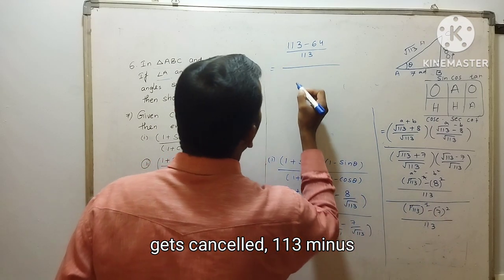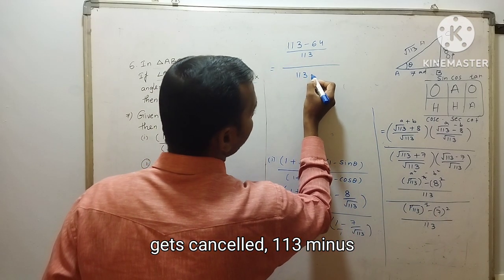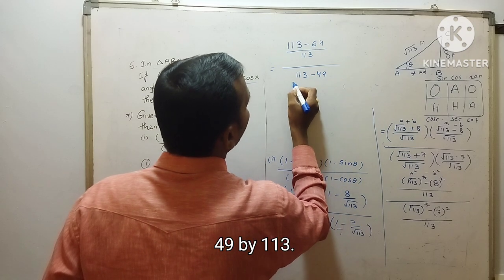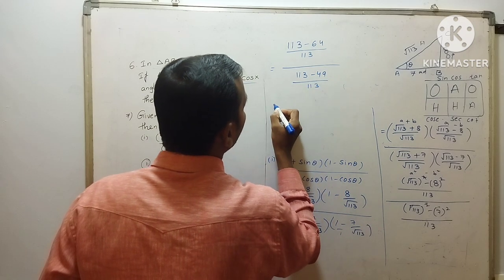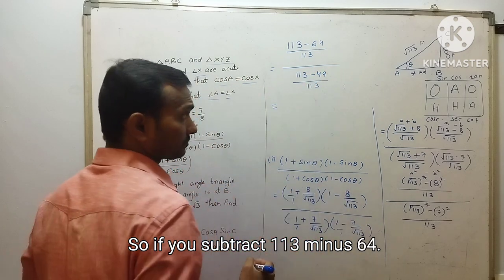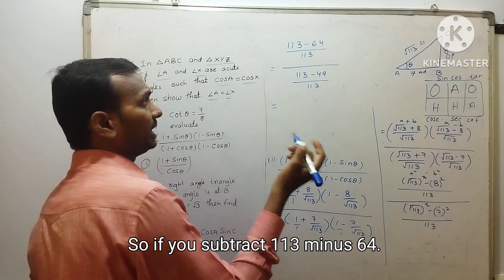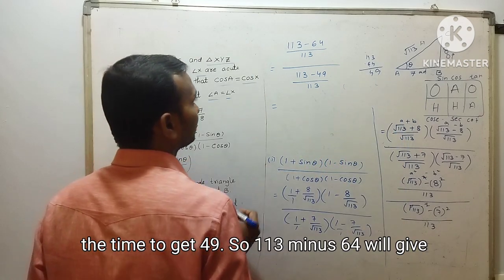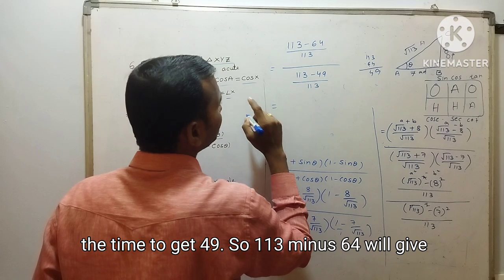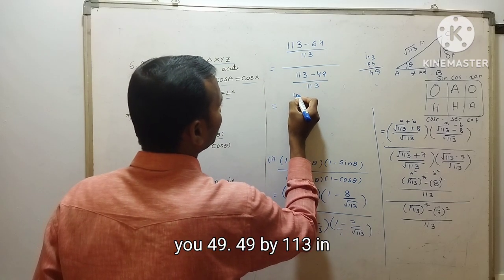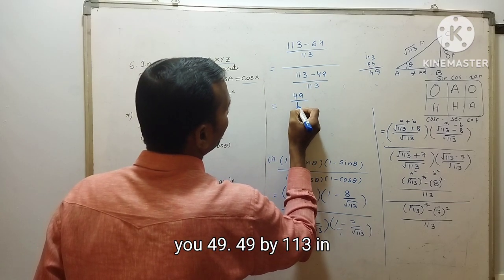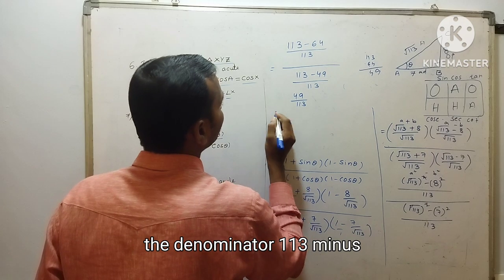Square and root get cancelled, 113 minus 49 by 113 in the denominator. If you subtract 113 minus 64, you will get 49. So 113 minus 64 will give you 49 by 113.